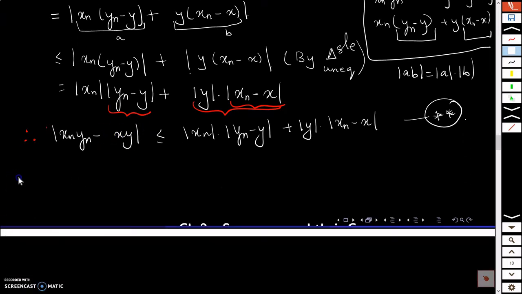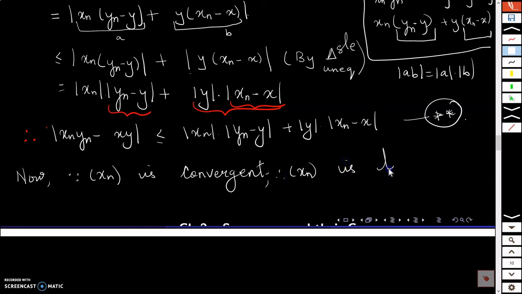Now if you go back and see, xn is given to be a convergent sequence. So since xn is convergent, we have done a result which says every convergent sequence is bounded, right? If you pick up any convergent sequence, that has to be bounded. So because xn is convergent, therefore xn is bounded. And what do you mean by xn is bounded?